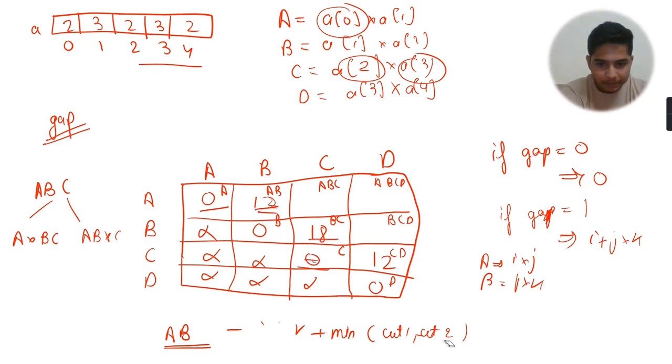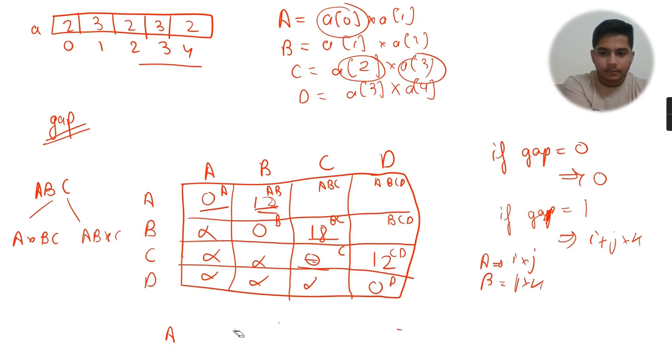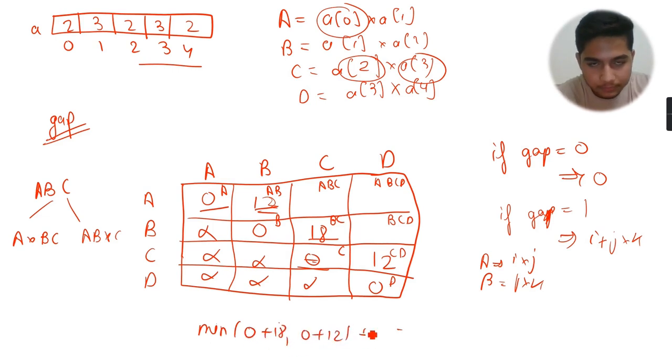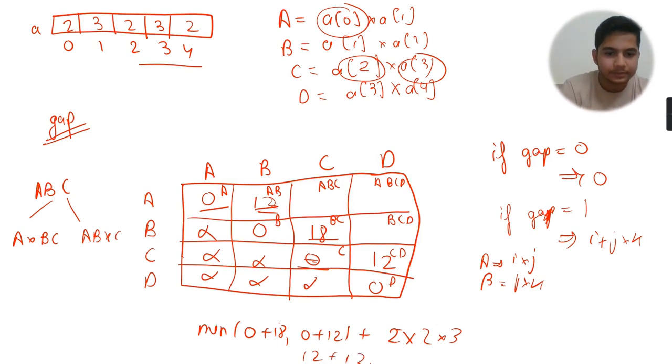So for ABC, it will be the minimum of 0 plus 18, comma, 0 plus 12 plus 2 into 3, so it will be 12 plus 12, right? So that will be 24 here.